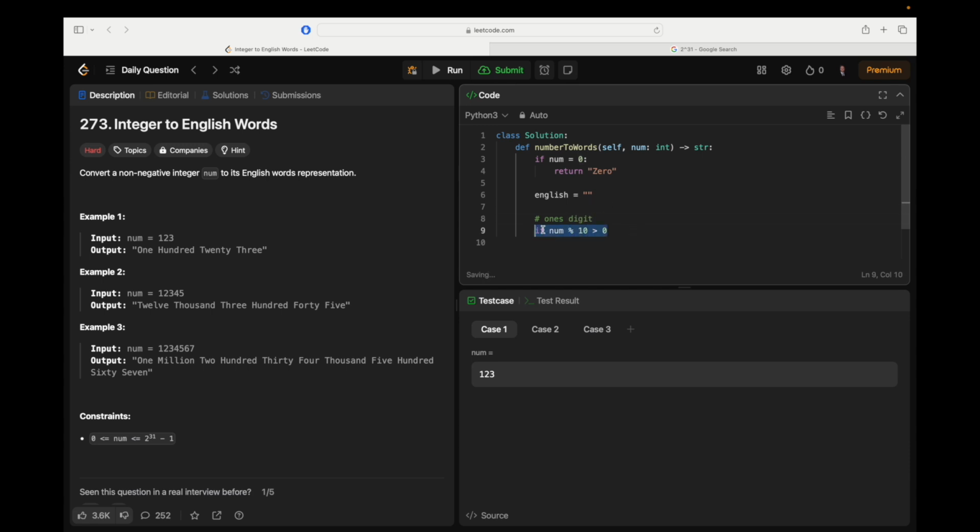Because modulo 10, we know that if it's 0, then that'll already be the case. Otherwise, we have to ignore all zeros, because you would never say 0 out loud. You don't say 1,000,000 with zeros. So how about we do num modulo 10 is greater than 0. This means that we do have to say the ones digit out loud.